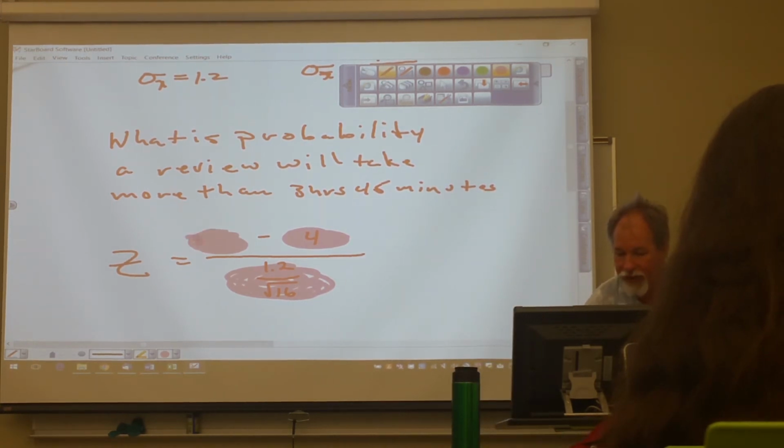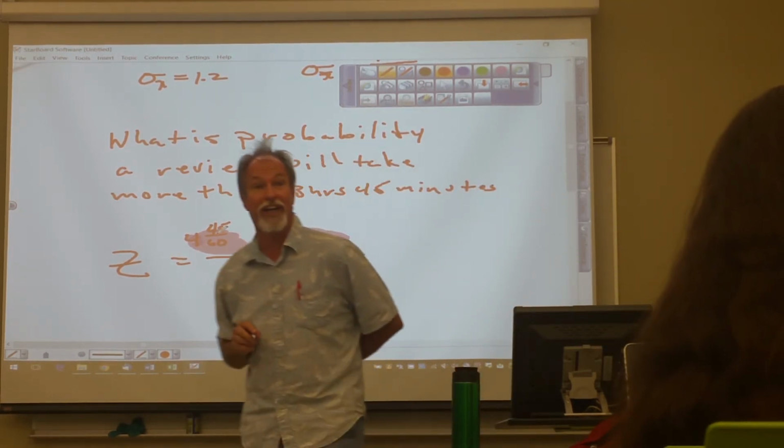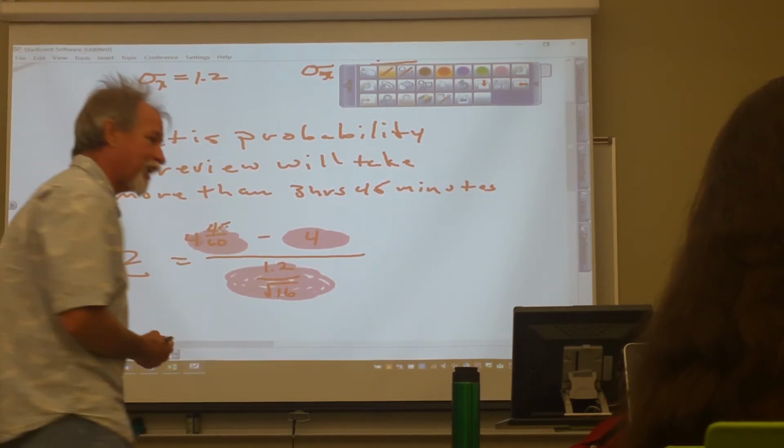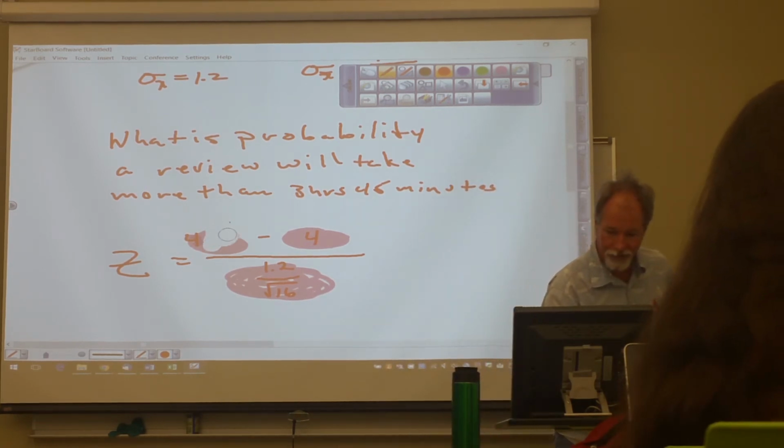Or I can do 3 hours and 45 out of 60, because it takes 60 minutes to make an hour. Is that supposed to be 3 and not 4? Yes, it is supposed to be a 3 and not a 4.